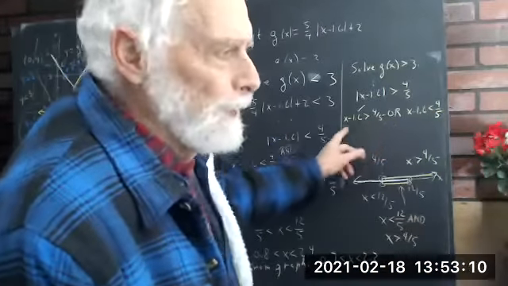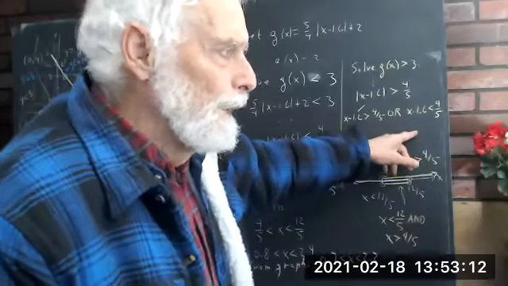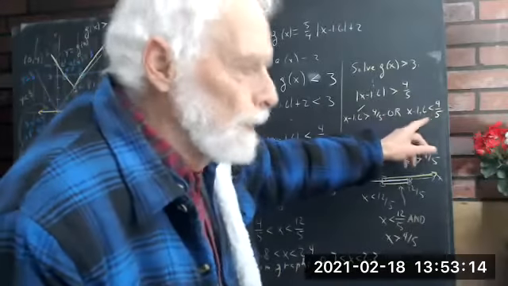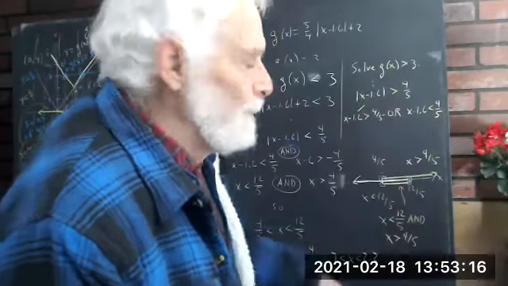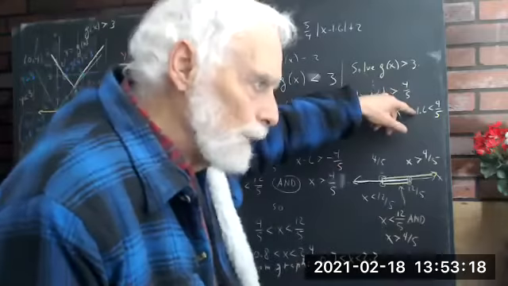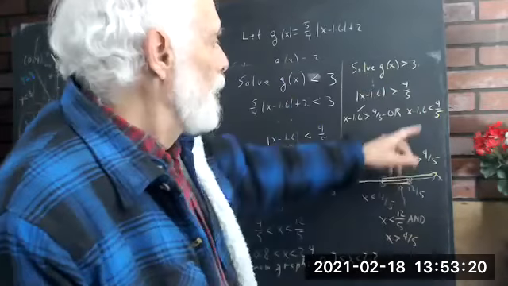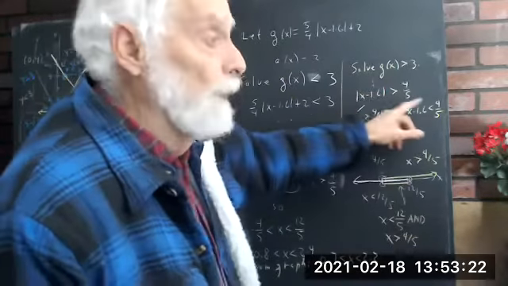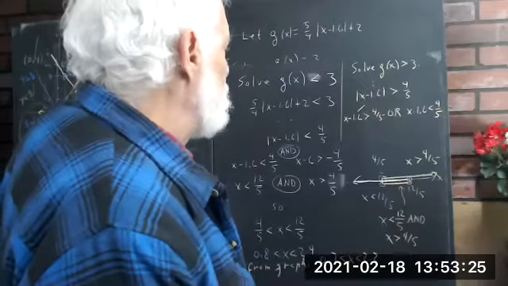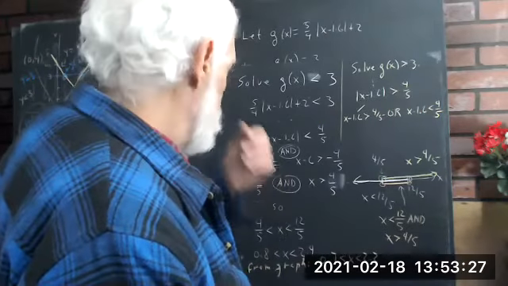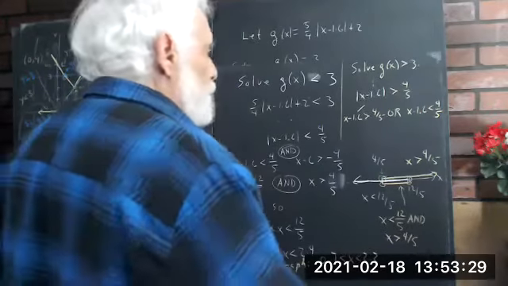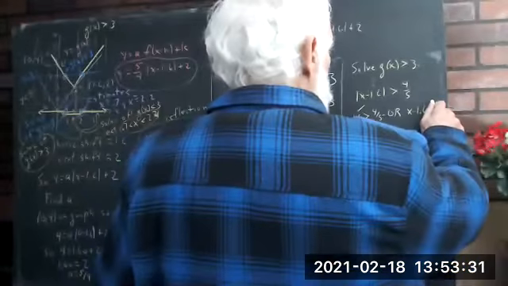But it's an or because it can't be both. X can be here or it can be here. If it's here, you satisfy the inequality. If it's here, you satisfy the inequality.